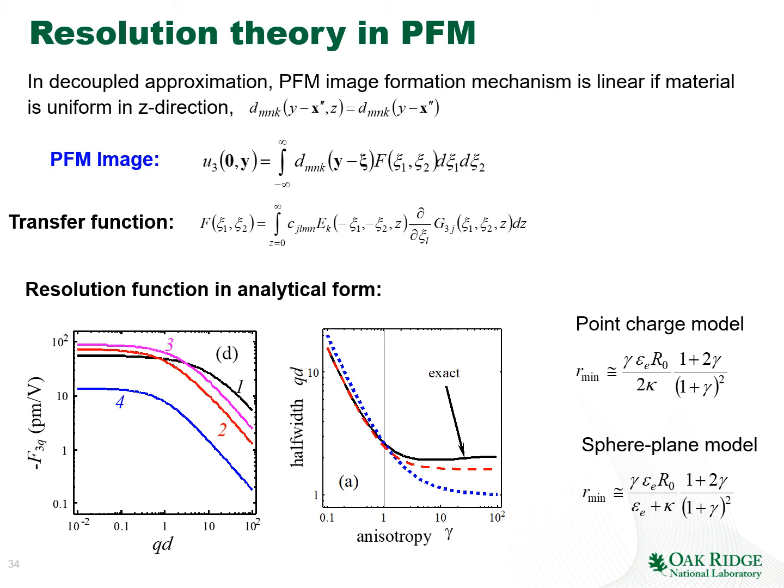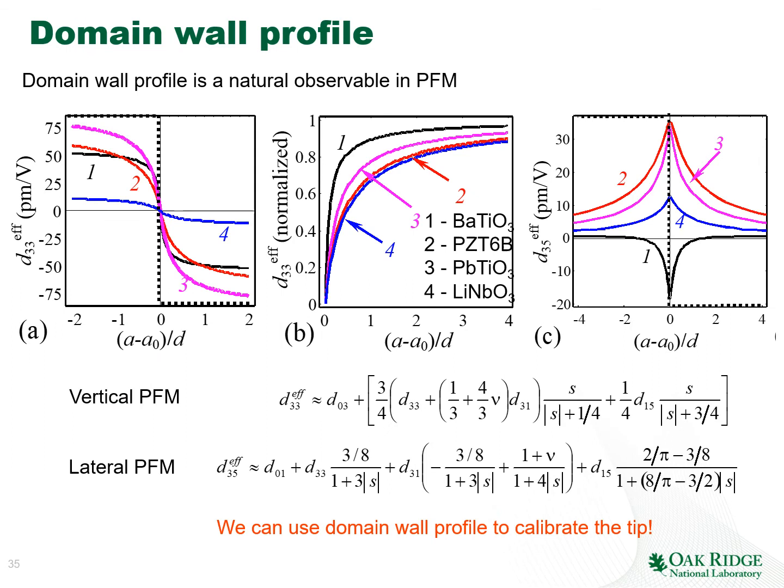It turns out that we can evaluate it in the point charge model or in the sphere plane model, and it has an obvious physical sense. So it depends on the tip radius and on the dielectric anisotropy of the material. This in turn allows us to calculate the domain wall profile. So domain wall profile is a natural observable in PFM.